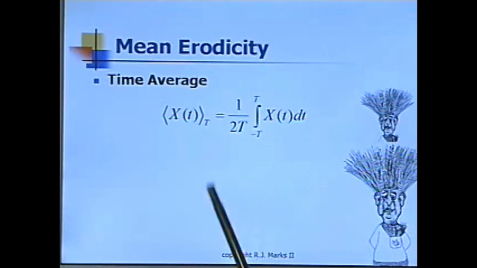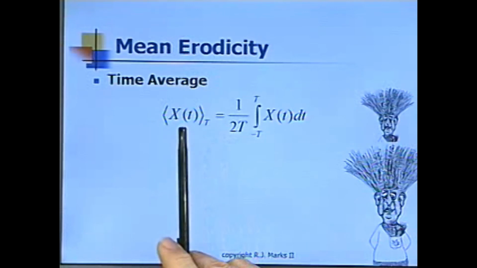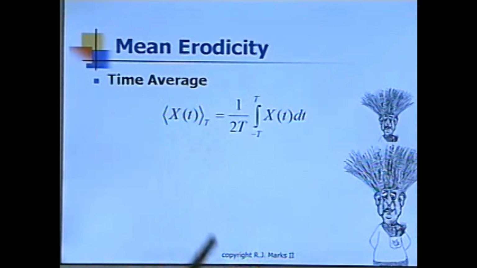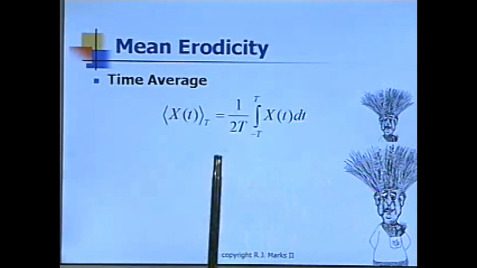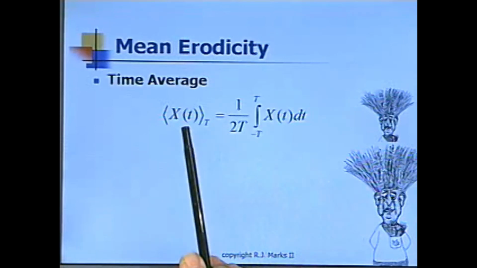There are two things we would like to know about this. Number one is its expected value. Let's suppose, just for purposes of discussion, that we knew that x of t is stationary. So whatever number we were getting out is just going to be a single number, 7 or something. So it's going to be a wide sense stationary process, so the mean, whatever it is, is going to be a constant. We don't know what it is. We're trying to determine what it is, but we don't know. What are the two things we would like to do with this?